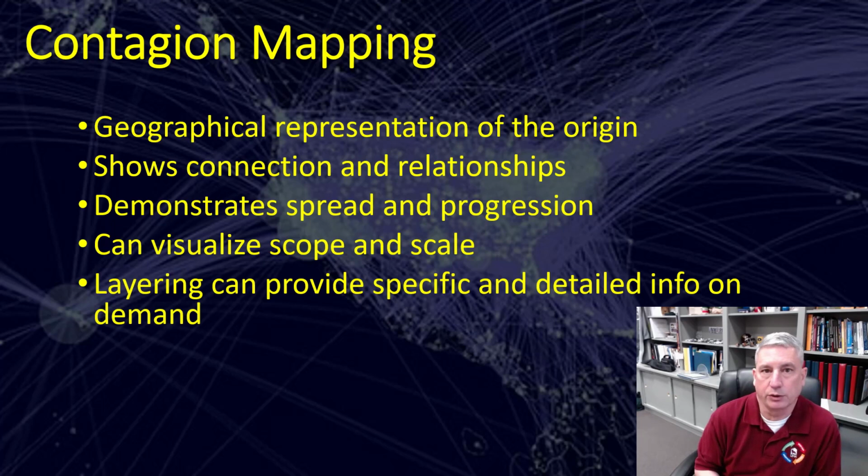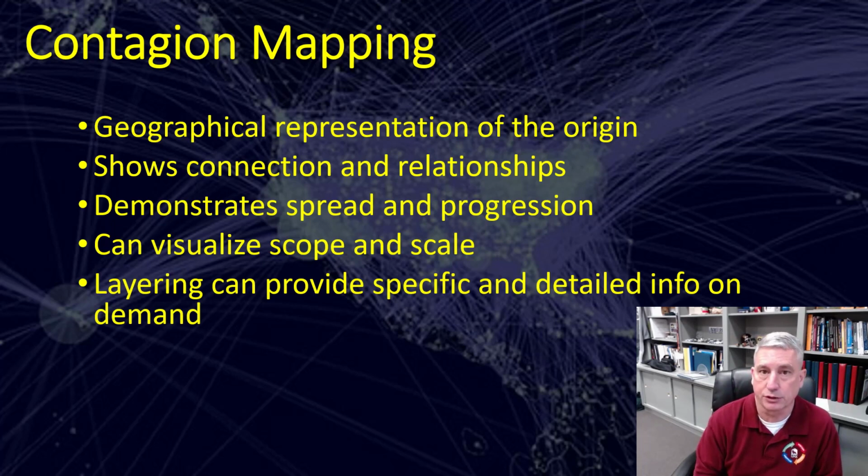Layering is another technique we use in contagion mapping. A contagion map, a hotspot map if you want to call it that, is basically a graphic representation of a database. And there's a database that sits behind the map. So you can actually go in using layering and decide what specific, detailed information you'd like to know.